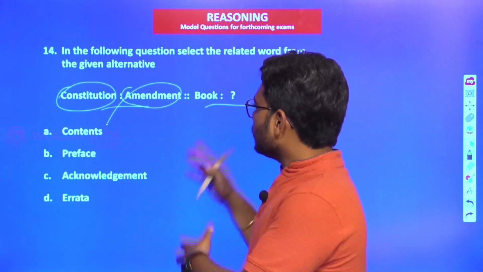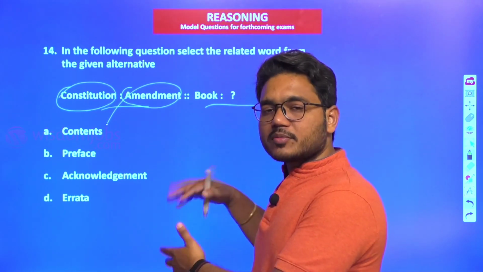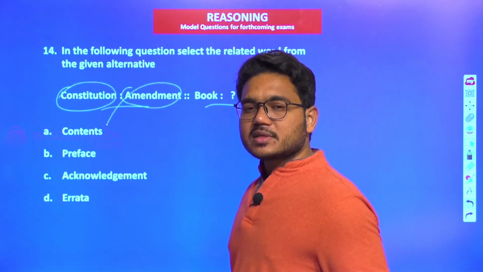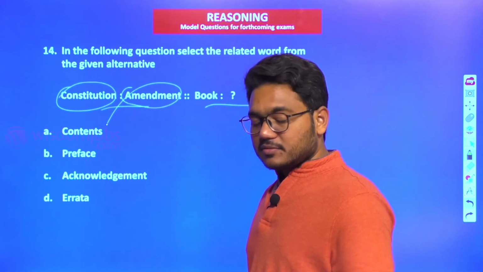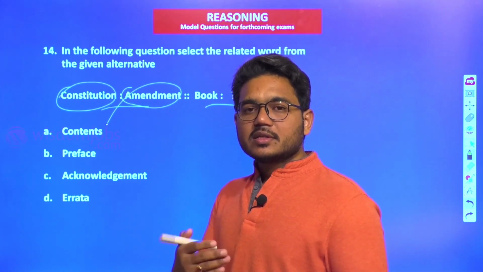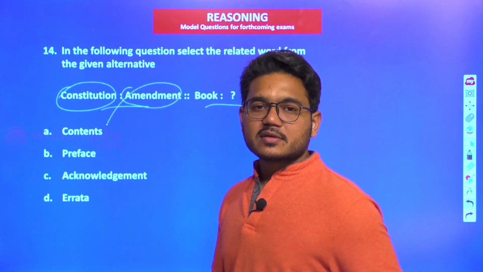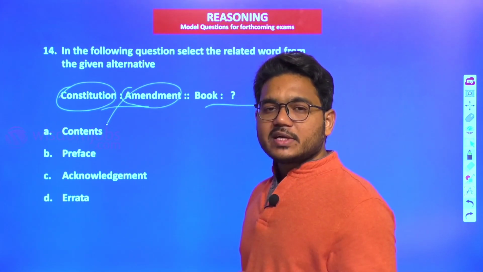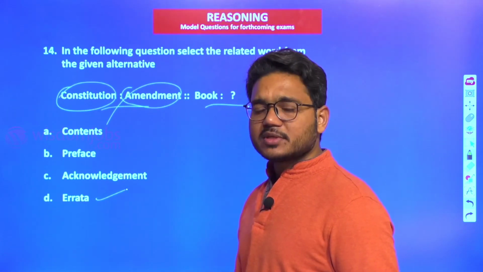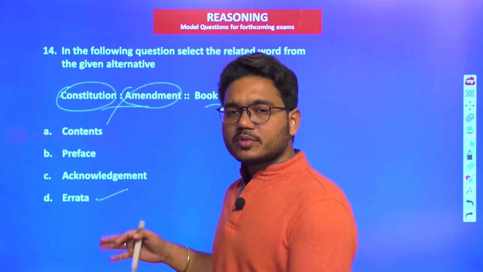Similarly, after publishing a book, publishers could check that some errors might have crept into that book. The sheet they provide, the list of errors which crept into the book, is particularly called errata.